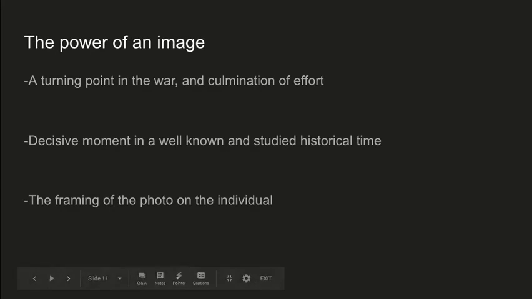The power of this image was largely that it was a turning point in the war. The Allies were now on the offensive, trying to march through Europe and retake it, and eventually get to Berlin and end the war. This is a decisive moment in one of the most studied times of history in recent memory.